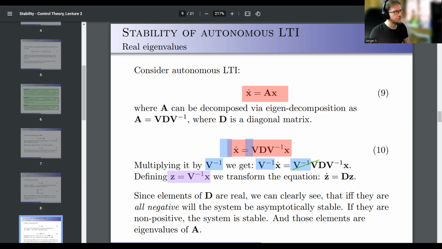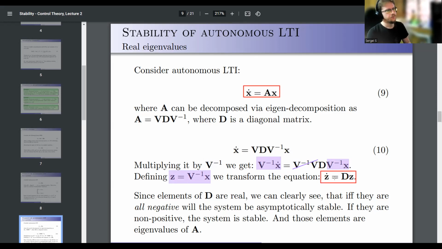So V Z equals X. And with this definition, we see that this is Z dot, this is Z. So the equation becomes this.